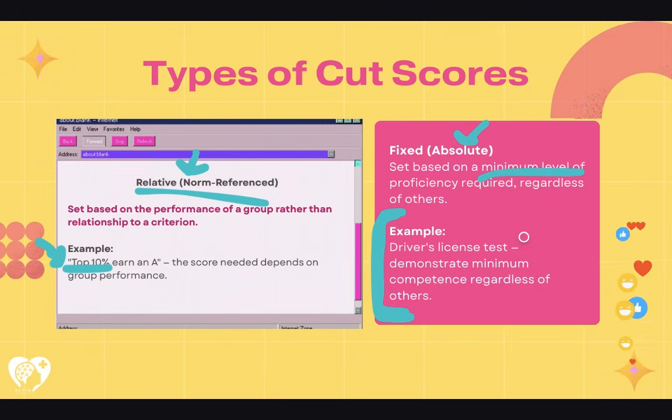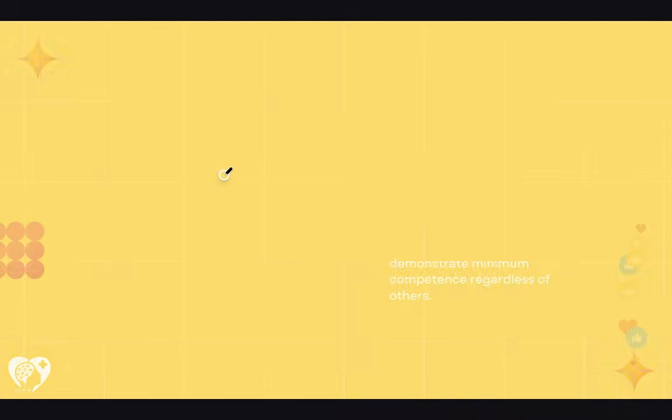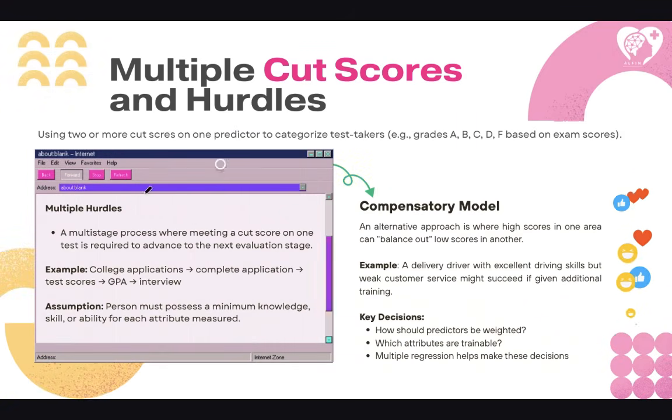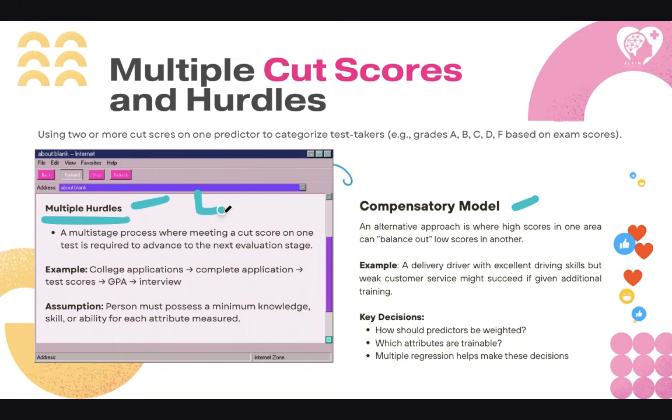We'll move on to the next, which are the multiple hurdles and the compensatory model. These are very easy to understand. When we say multiple hurdles, there are stages, and per stage you must accomplish a set minimum trait before you move on to the next one.